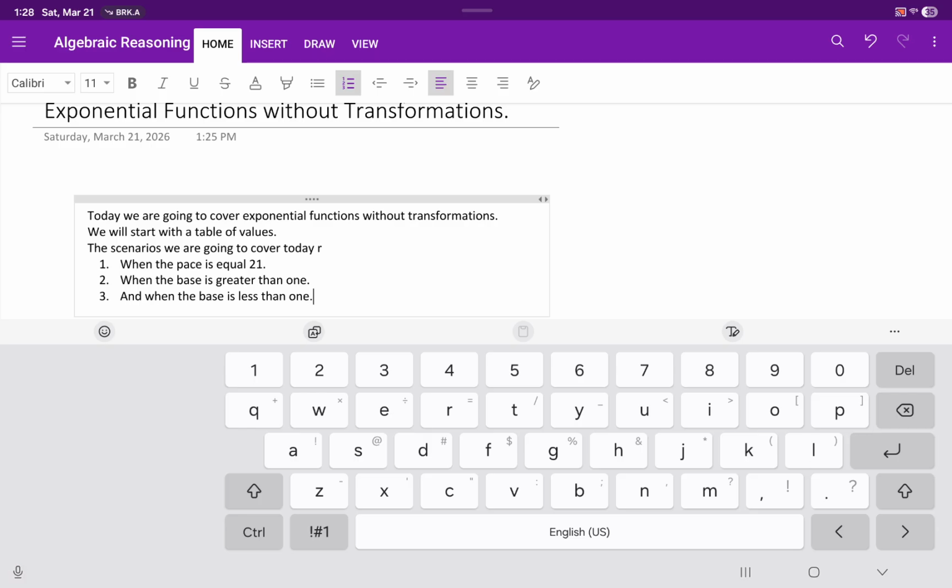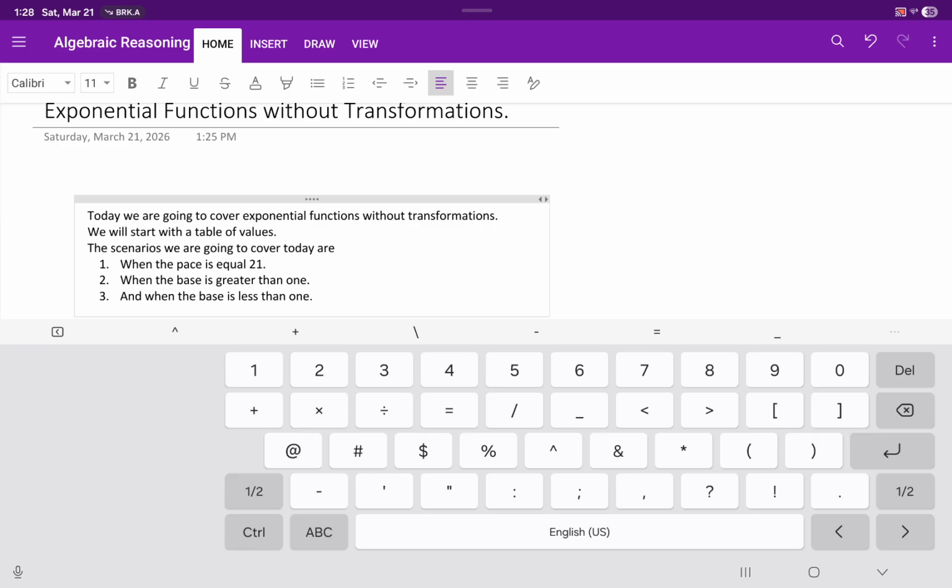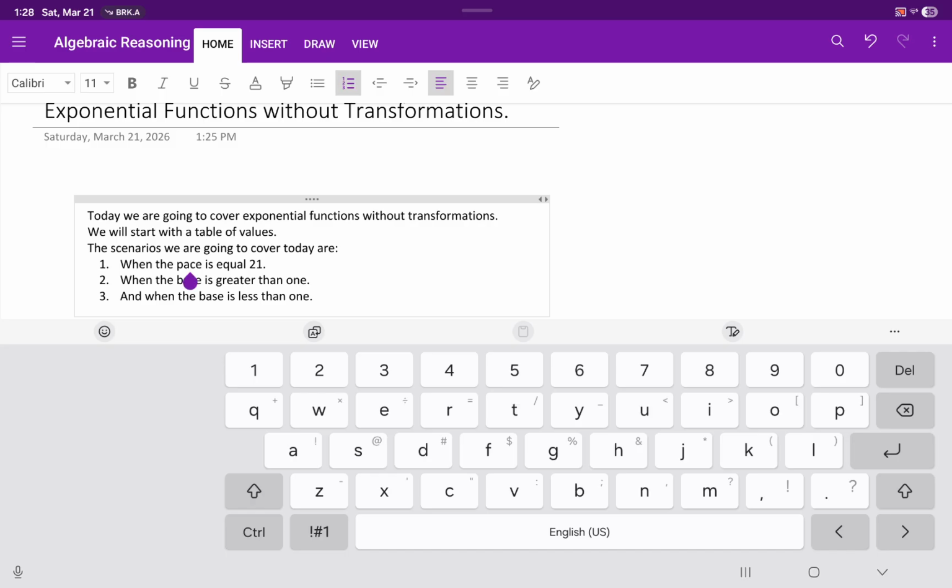Now I'm going to go in and fix what I need to on this. We are going to cover A, B, and C, and I want to put a colon after that because we have a list. And not the pace, but the base.